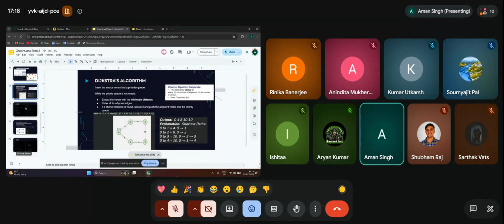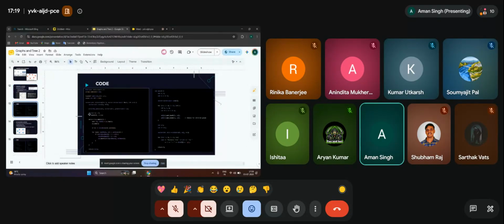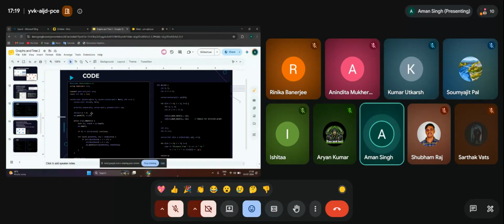As I have explained Dijkstra's algorithm, let's see how we can implement this. Its implementation is very simple. Here, I have just taken input of my adjacency list, and a source node will always be given because Dijkstra's algorithm is a single source algorithm.